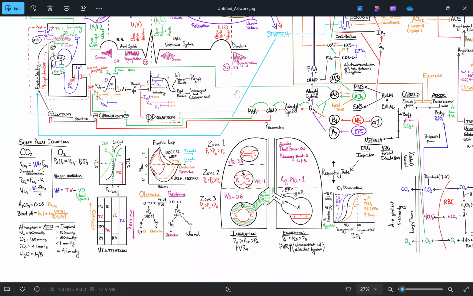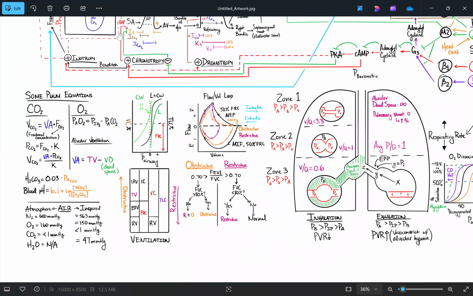I'm not going to read them all out to you. Also, I wrote some components of air, which you should know for the exam. One thing I found particularly important is to know the PaCO2 times 0.03 will equal your bicarb, and this will be important later on.